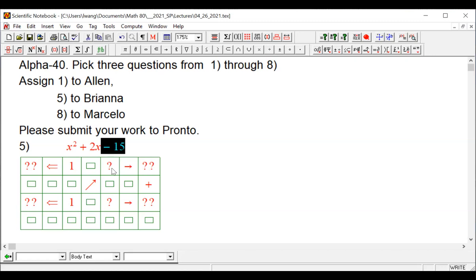Negative 15 can be factored in so many different forms.